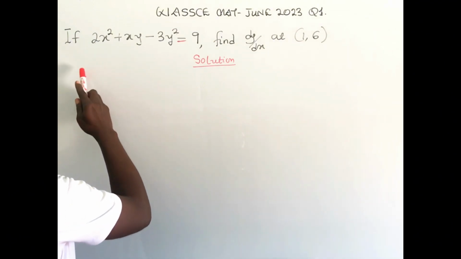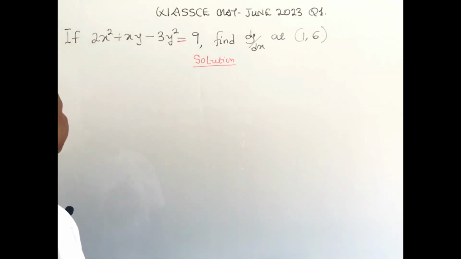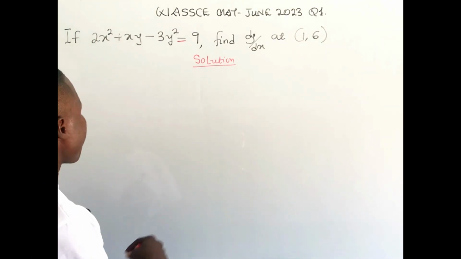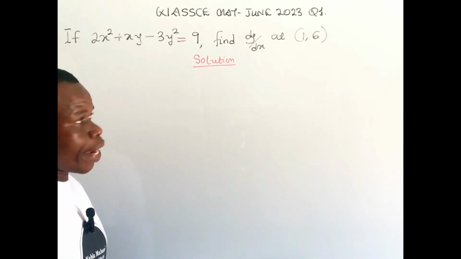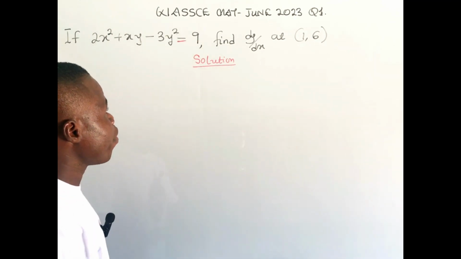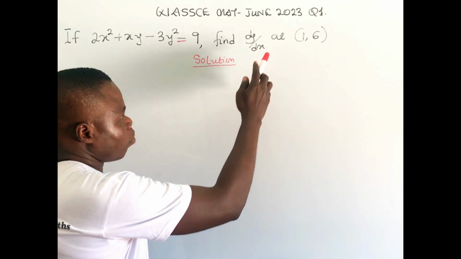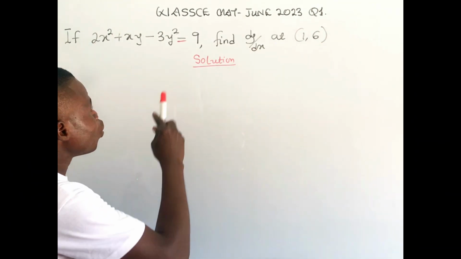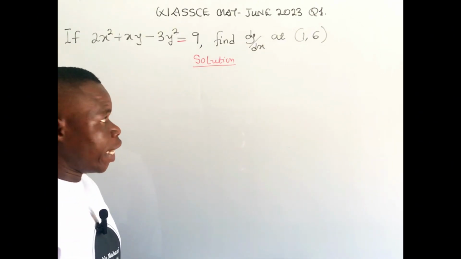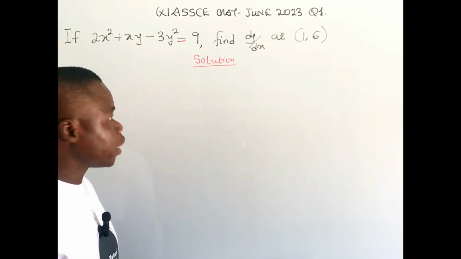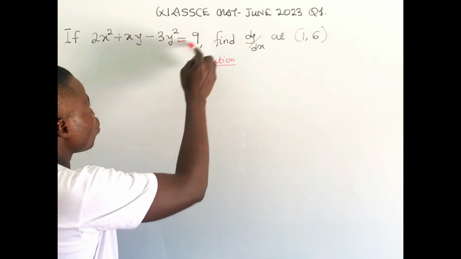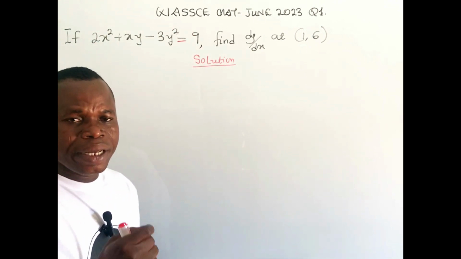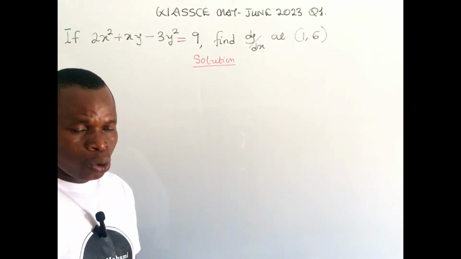The question says that if 2x squared plus xy minus 3y squared is equal to 9, find dy dx at the point (1, 6). To find the value of dy dx, what you need to do is differentiate this equation by using implicit differentiation rules.